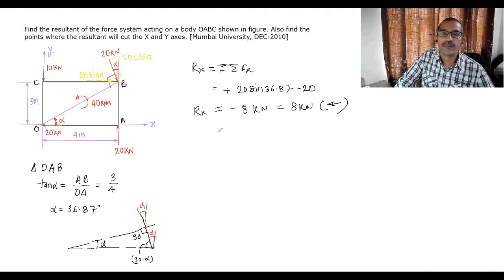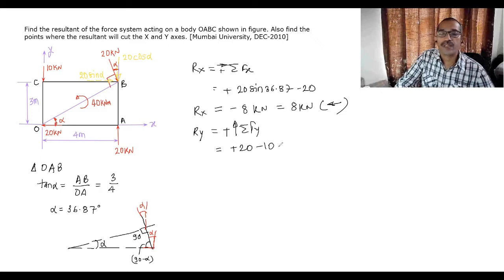Negative means it is leftward. Now if we find Ry, Ry is the summation of Fy, assuming upward force is positive. Now if we write all the forces in the vertical direction: at A the force is upward 20, meaning plus 20. At C the force is acting downward, minus 10.